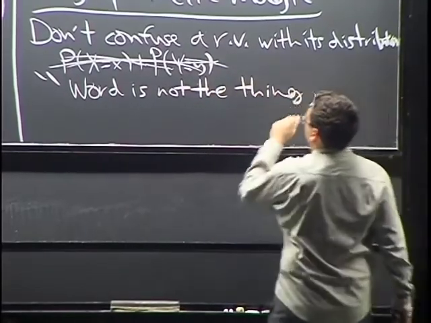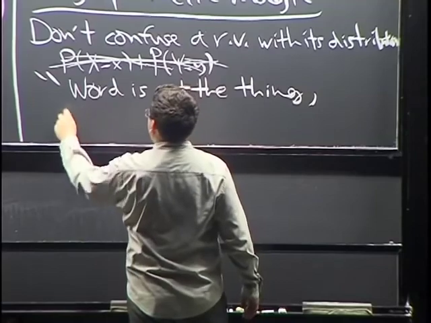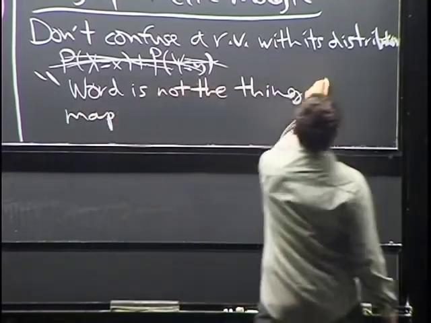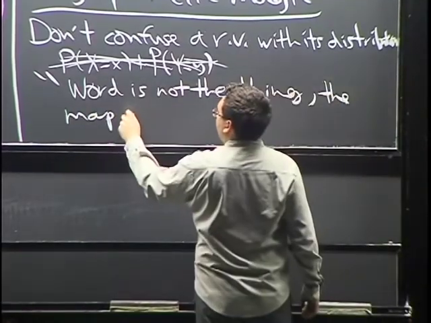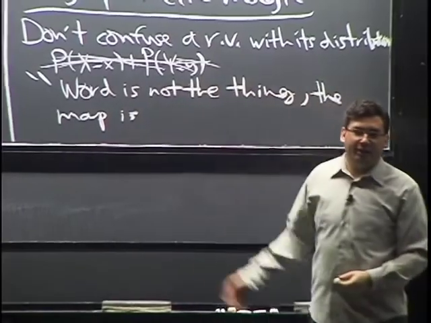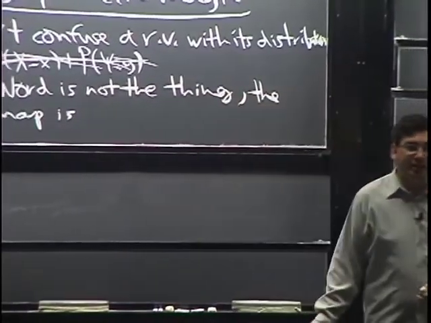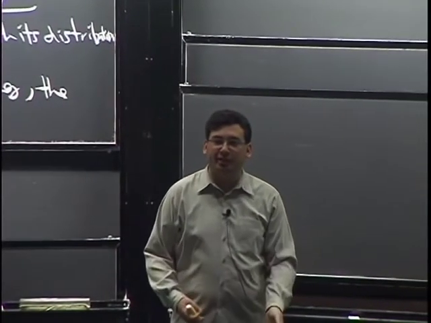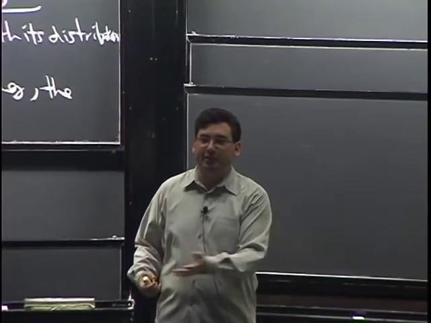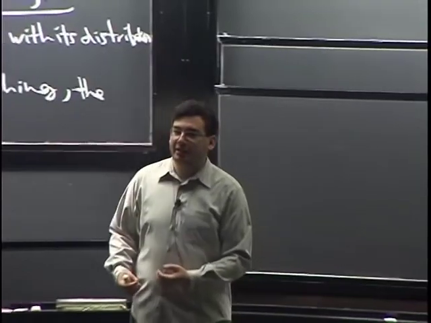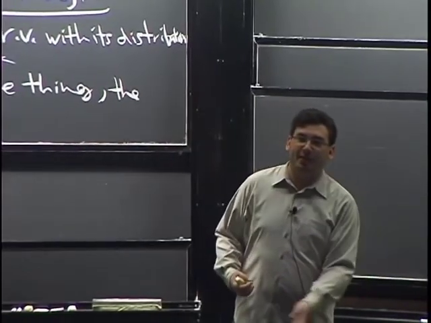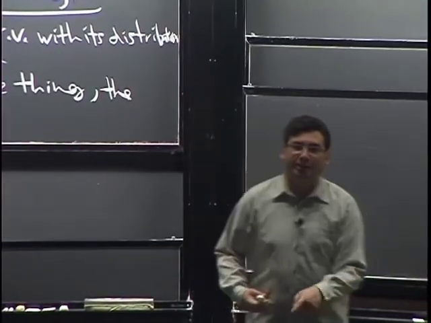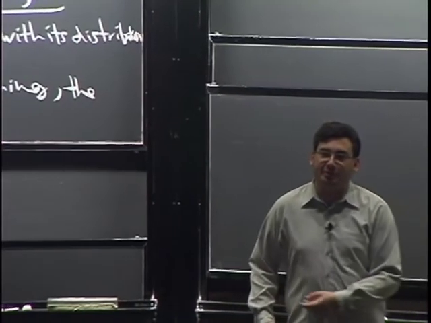Just to push this analogy a little further, the map is not the territory. This is a really obvious piece of advice. It's very rare that I've seen someone confuse a map with the territory. You don't usually put the map on the floor and start walking around the map thinking that you're exploring the territory.